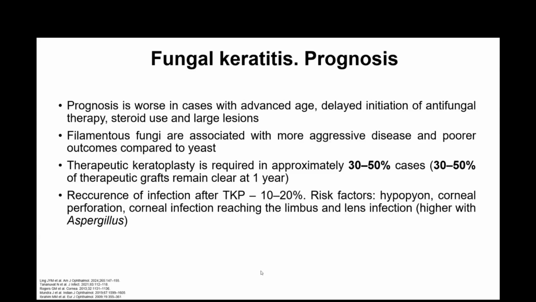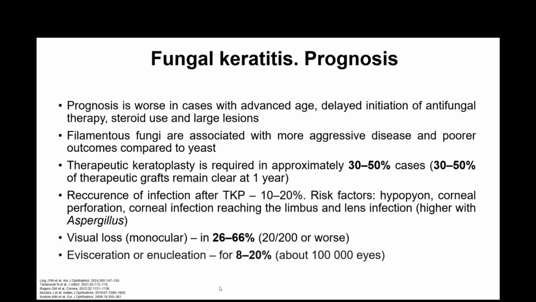Recurrence of infection after therapeutic keratoplasty is 10 to 20% and higher with Aspergillus. Visual loss, in the majority of cases monocular, occurs in 26 to 66%, and evisceration or enucleation is needed in 8 to 20% of cases.